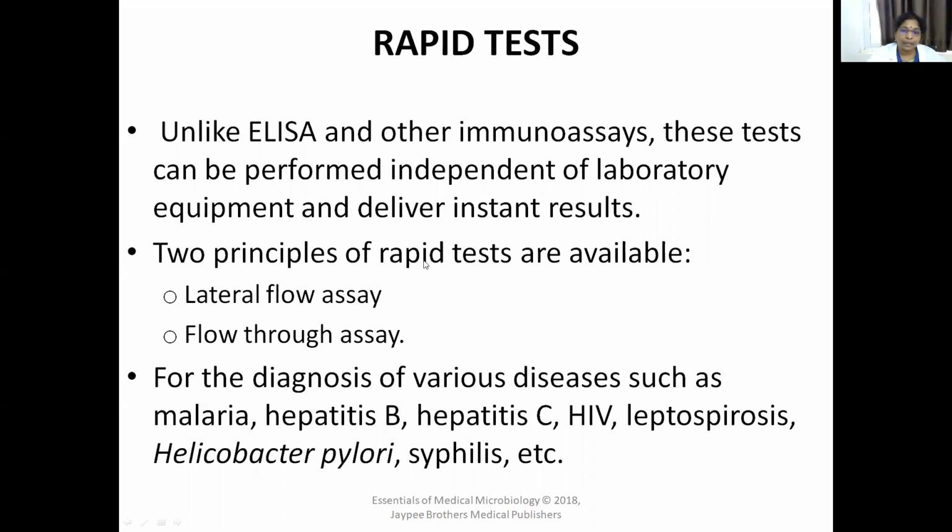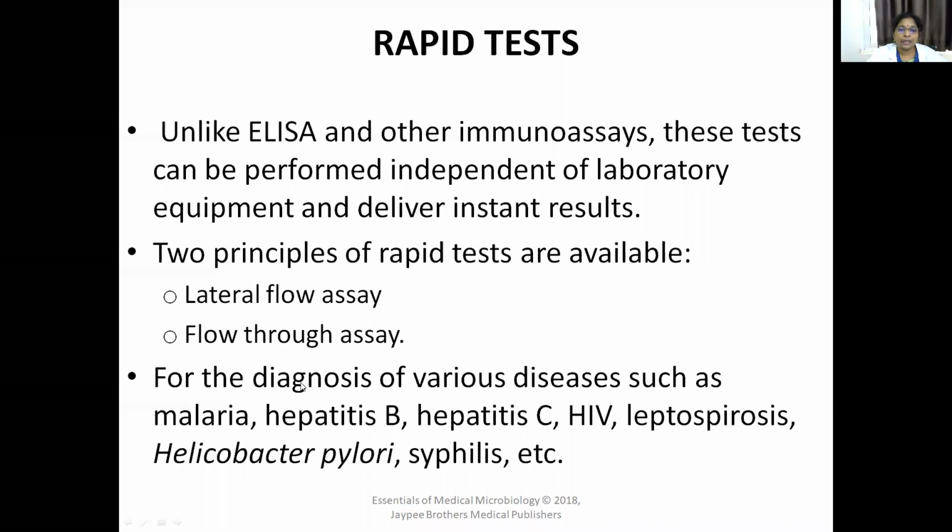And these rapid tests can be done based on two principles. One is lateral flow assay and the other one is flow through assay. Depending upon these two principles, the rapid tests for HIV and HBsAg are done in the lab.